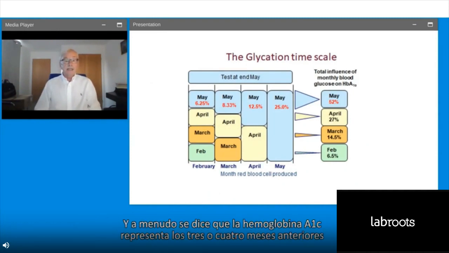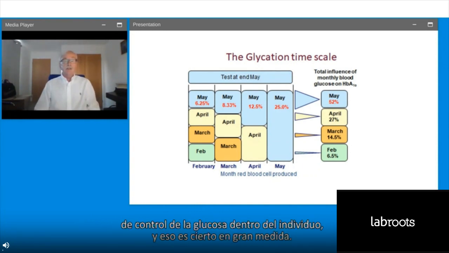And it's often said that hemoglobin A1c represents the previous 3 to 4 months of glucose control within the individual. And that is true to a large extent.